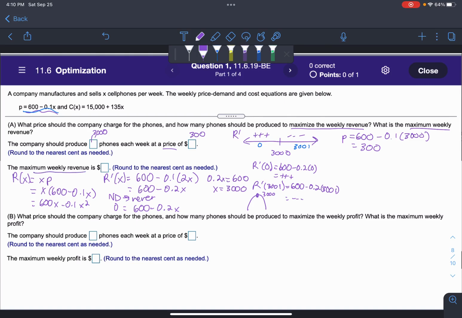So this is asking, what is R of 3,000? What is the revenue when x is equal to 3,000? So we want to plug 3,000 into this equation: 600 times 3,000 minus 0.1 times 3,000 squared. Again, you can definitely use your calculator here. This should give you 900,000.